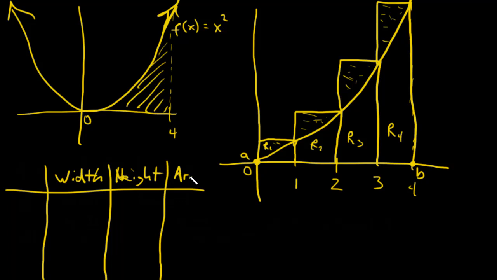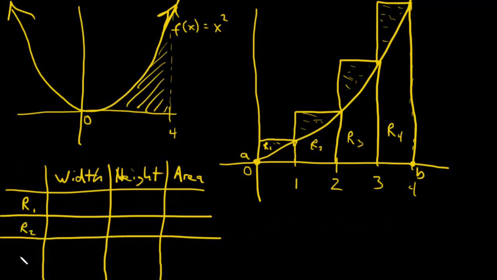In the area. Alrighty. So R1, R2, R3, and R4. Okay? So, the width, 1. What is the height of R1? Well, I know that my function is f of x equals x squared.